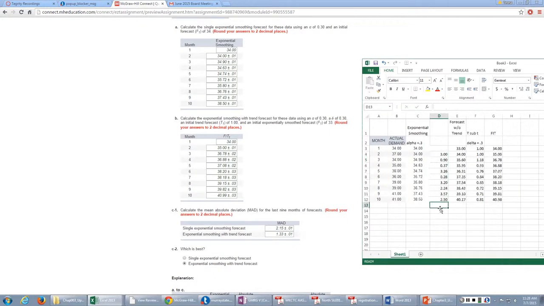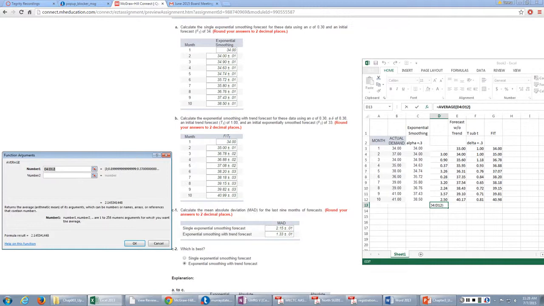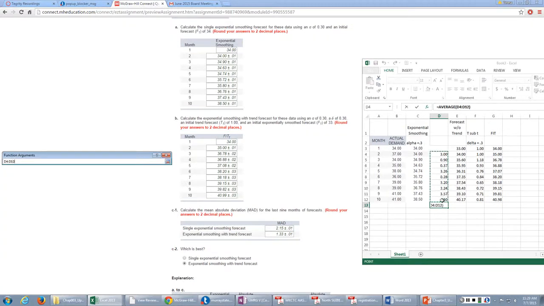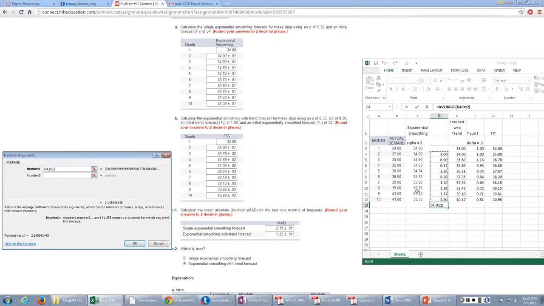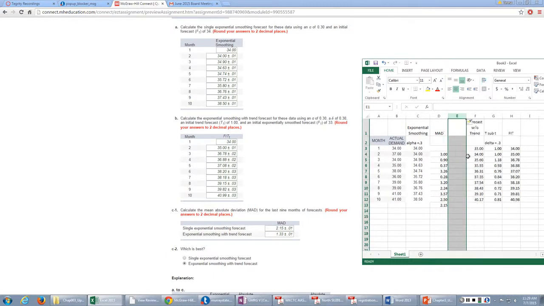Then if I want to take the average, I can use the average function and select the cells I want to highlight. That tells me that my mean absolute deviation for the exponential smoothing method without trend was 2.15.